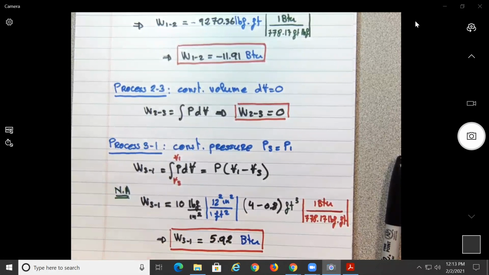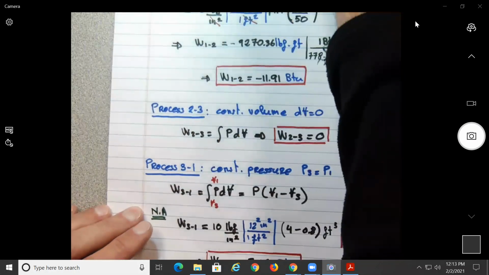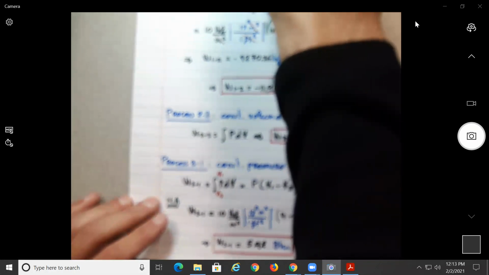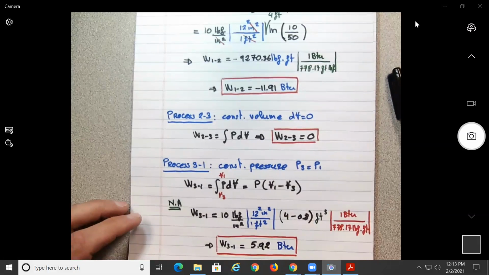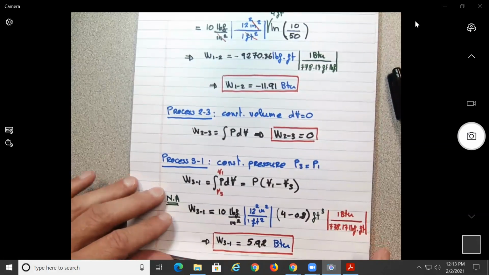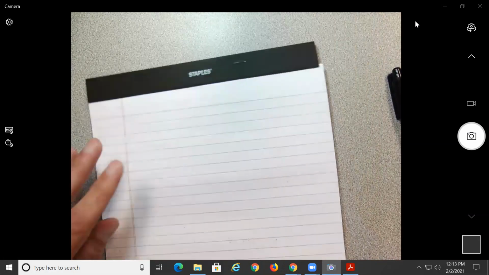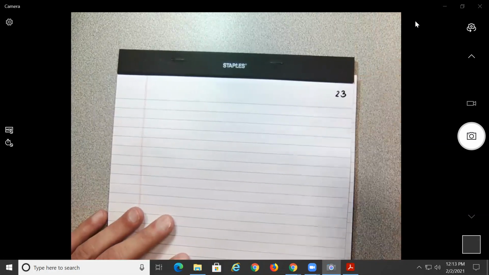Okay, so we still have a few minutes, so let's do one more thing about this problem. All right, so let's look at the total work. It's not the solution, so you have to give me the numbers, but I don't really care about the number, but it will help.